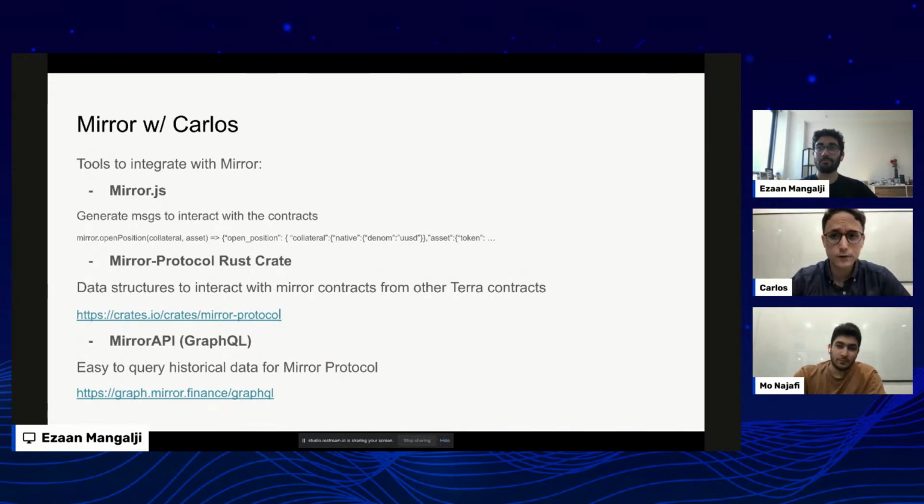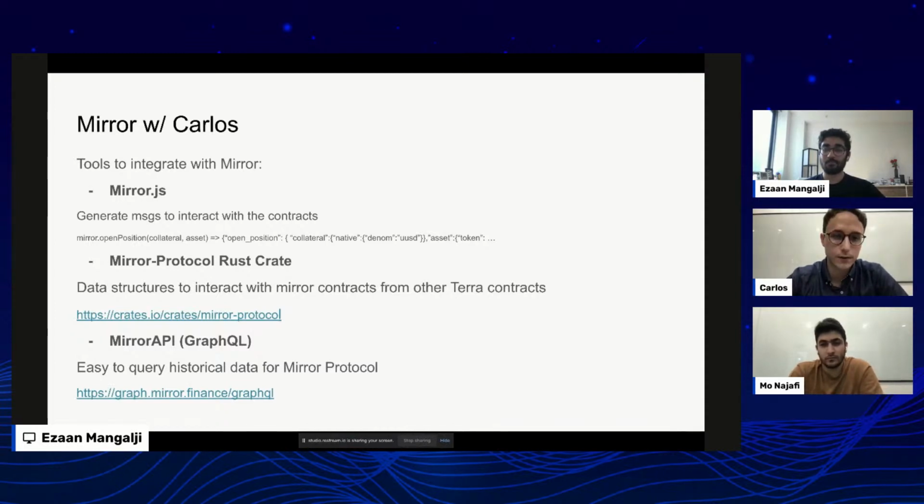Then there is the Mirror protocol Rust crate, in case you want to integrate your smart contract with Mirror smart contracts. This protocol crate, which you can find on crates.io, provides the data structures to interact with Mirror contracts, basically the message formats for all operations and queries.